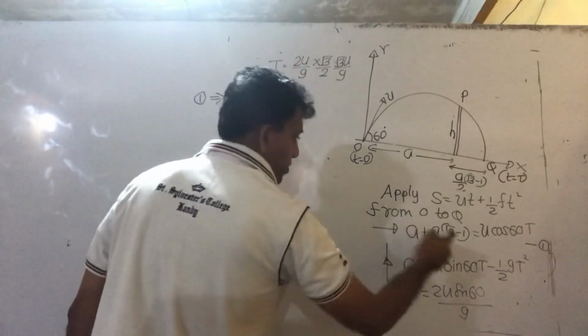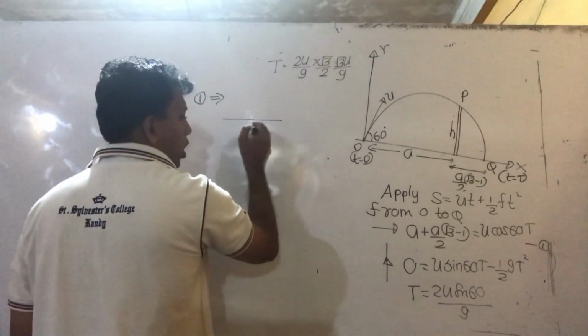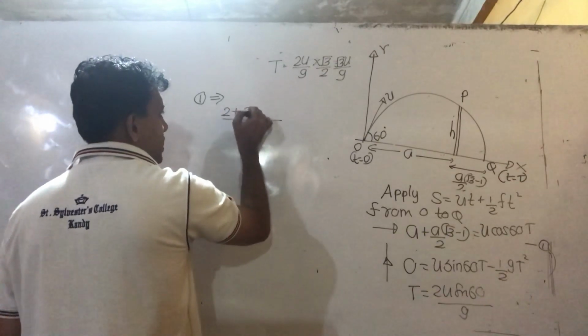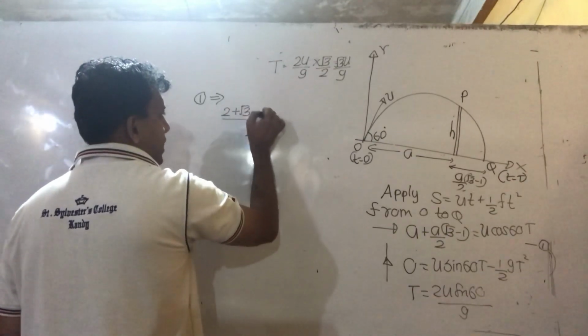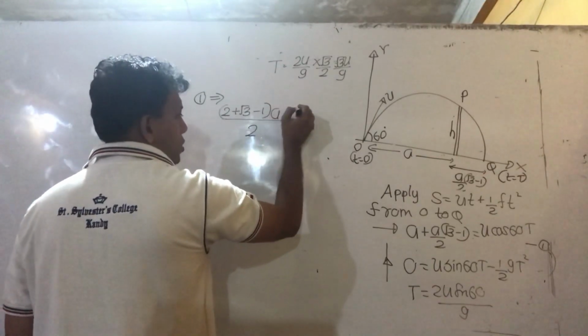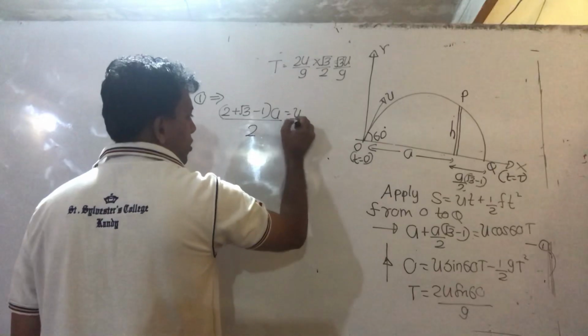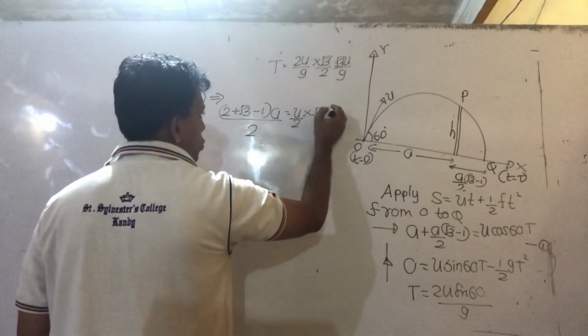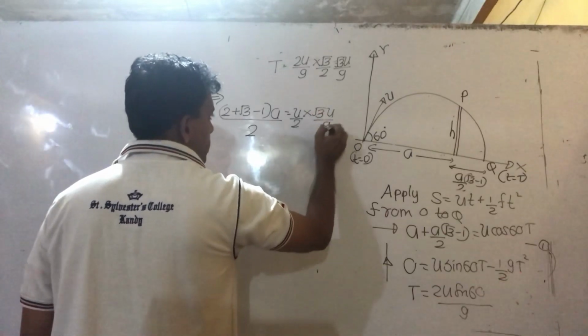Take a 2 out: 2 plus root 3 minus 1, into a, equals u cos 60, which is half, times capital T, which is root 3 u over g.